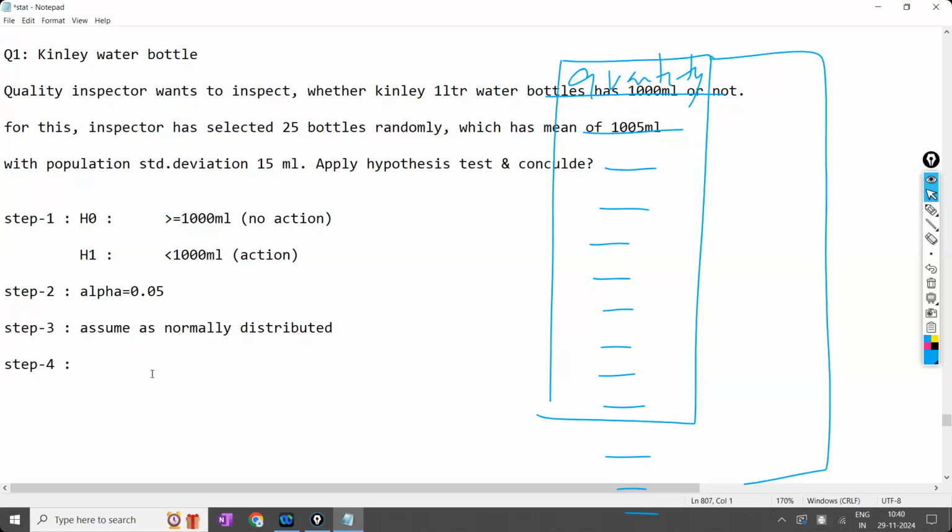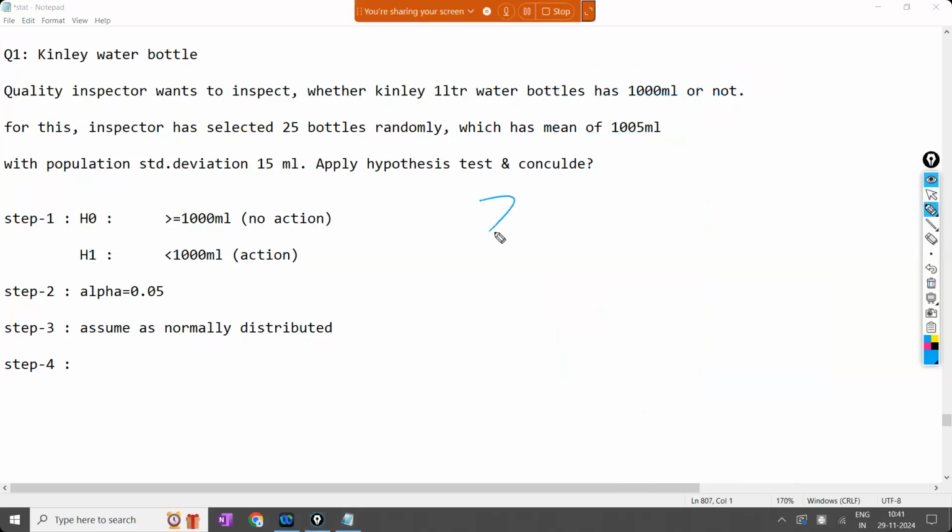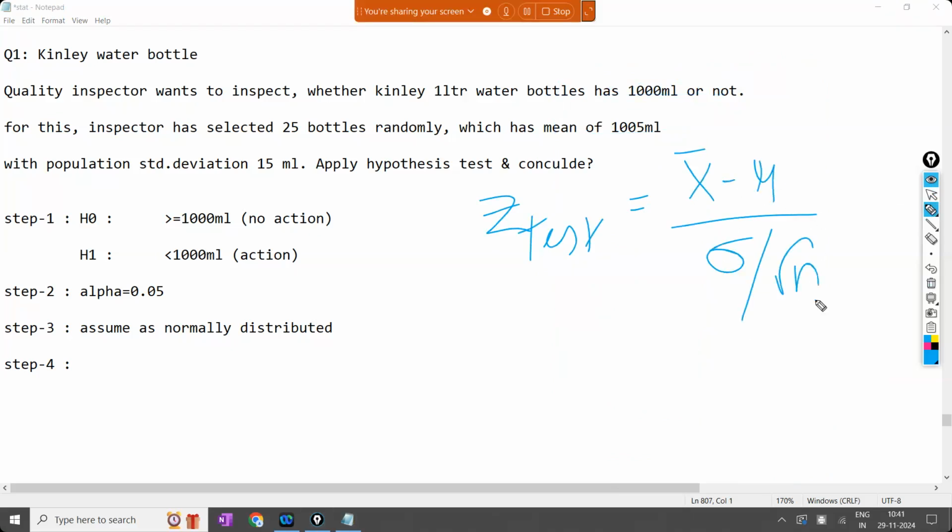After selecting the one sample z-test, the next step is to apply the test. For the test we have the formula: x bar minus mu divided by sigma by square root of n. Sir, z-score, no sir.